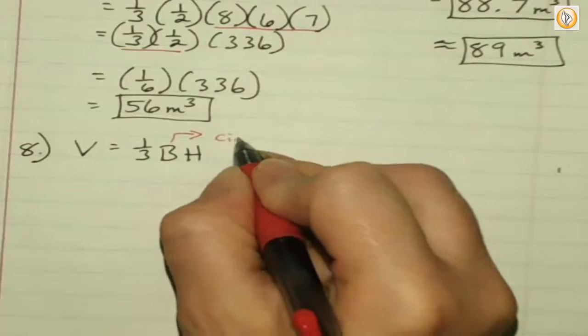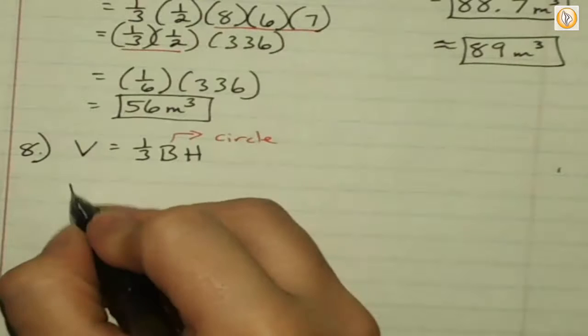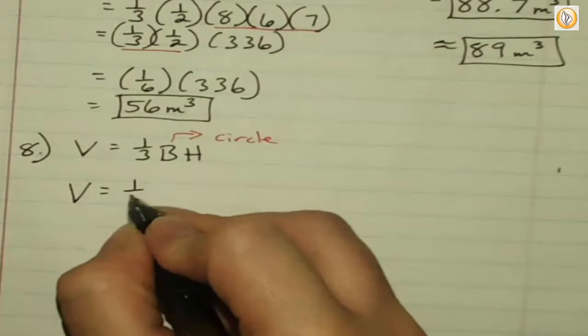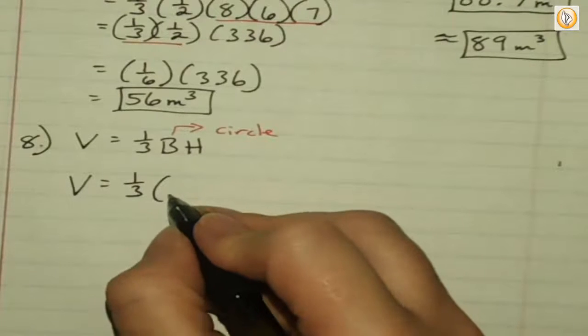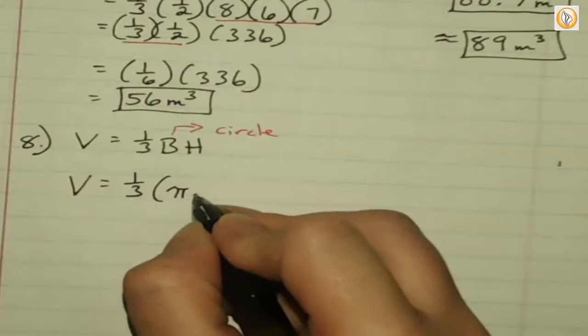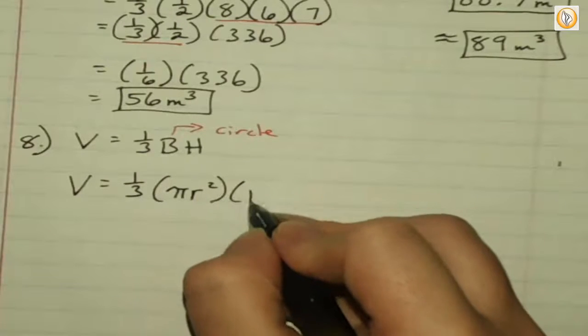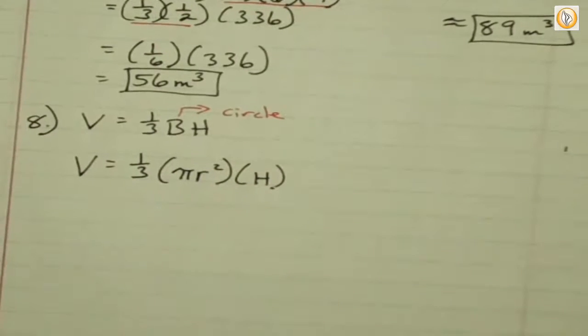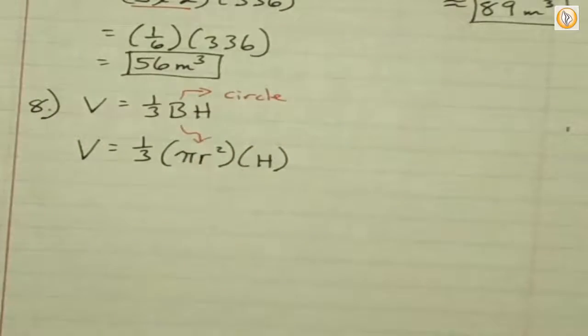A circle. There you go. So, Cecilia, what's the formula for area of a circle? Pi times R squared. Very good. So then our big B becomes that.